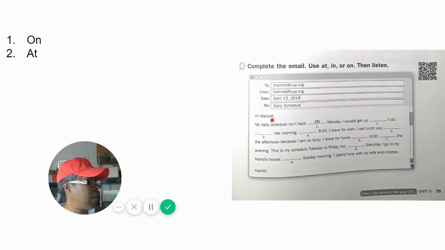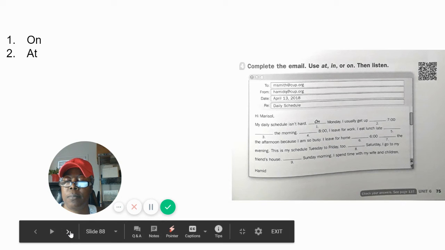So he's writing to Marisol, and he says, my daily schedule isn't hard. On Monday, I usually get up. Number 2 is at 7. Number 3, in the morning. Number 4, at 8, I leave for work.